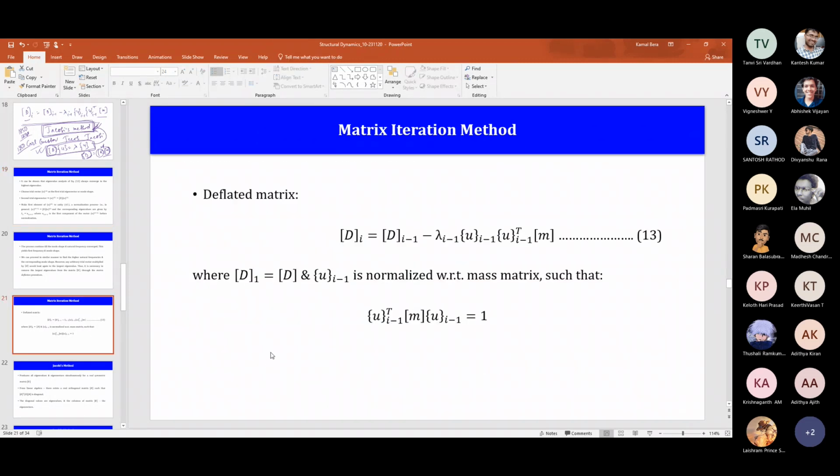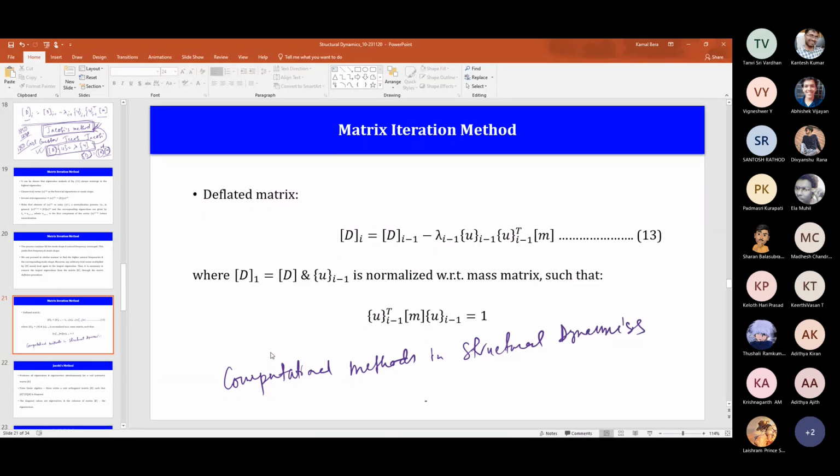If you are interested, you can see it, although it is not required at your level: Computational Methods in Structural Dynamics. The computational method itself is a book; finding natural frequency and mode shape is itself a book, along with other things in structural dynamics.